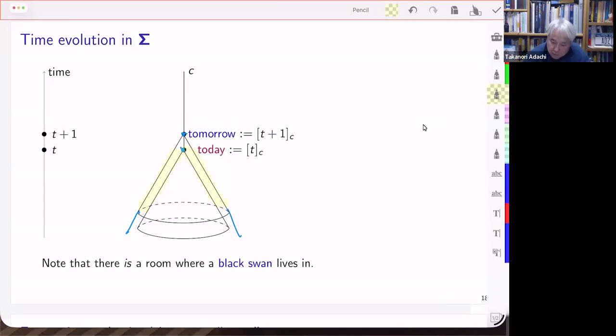The black swan lives in this yellow part, and that's why today we don't see the black swan, but tomorrow we observe it. COVID-19 was not known in 2019, but in 2020 suddenly we observed the black swan, which is COVID-19.